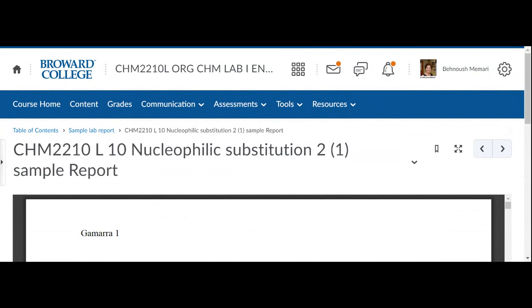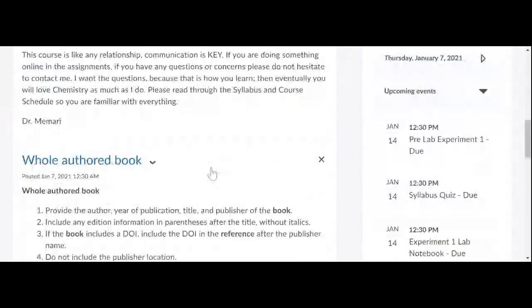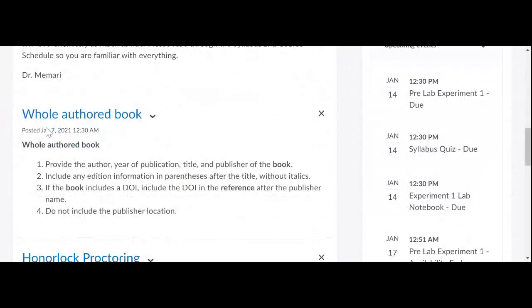Okay, the ebook is a bibliography reference, and if you look at the announcement, it is known as a published book, and that's how you reference it. It tells you here how to cite a wholly authored book. This is the format that you are using.